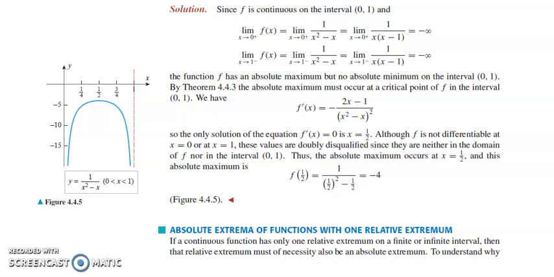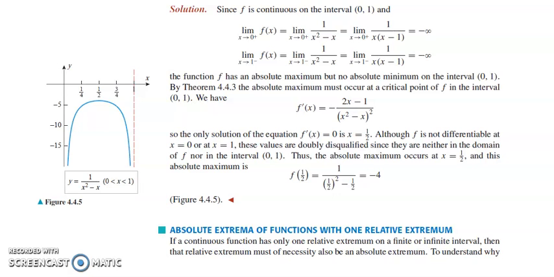Now the interval can be either a finite interval or an infinite interval. Our function is a continuous function, and it has either a relative maximum or a relative minimum. So it has one relative extremum, and the function is defined over a finite interval or an infinite interval.